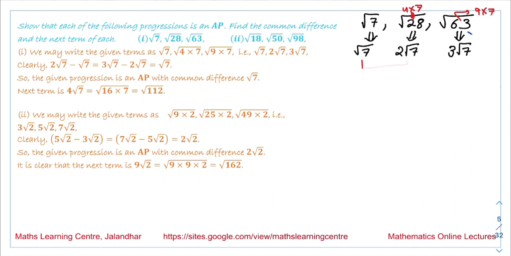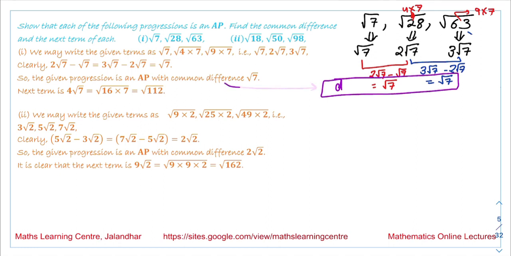Now if we calculate the common difference in this case, we are subtracting these two values, that is 2 root 7 minus root 7. So the answer we have is square root 7. For the next two values it is 3 root 7 minus 2 root 7. So the answer is root 7. So this is the value of d, that is the common difference, root 7.